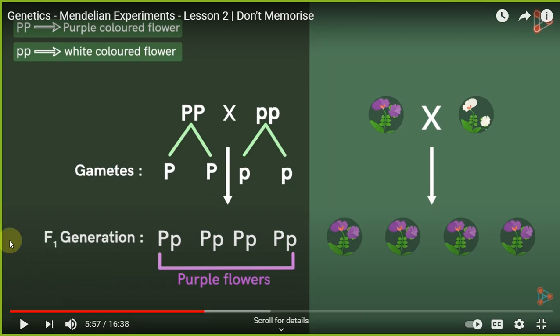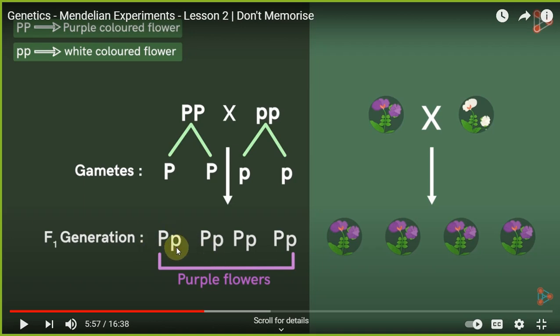Okay, so naintindihan nyo class. Kaya siya uppercase P and lowercase p because it's the cross between both uppercase and lowercase. So, here, during meiosis or gamete formation, in this case, the first generation are all uppercase and lowercase p.